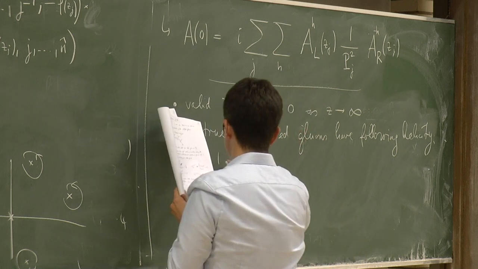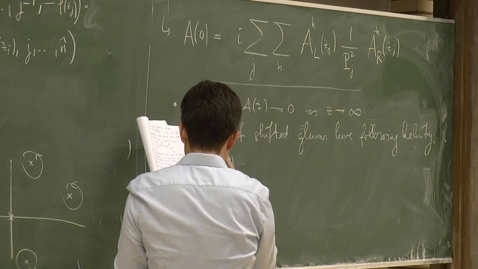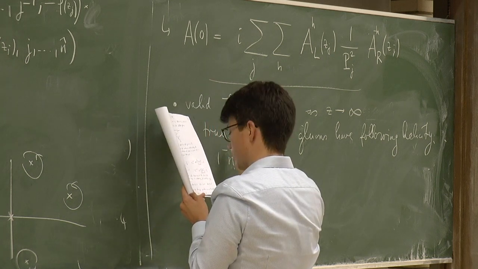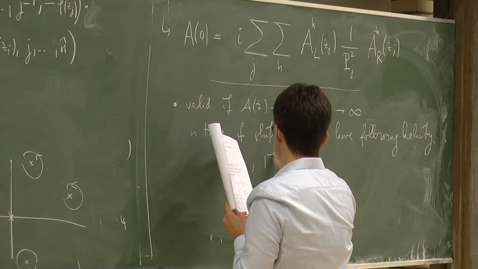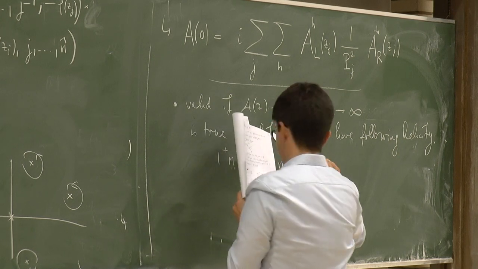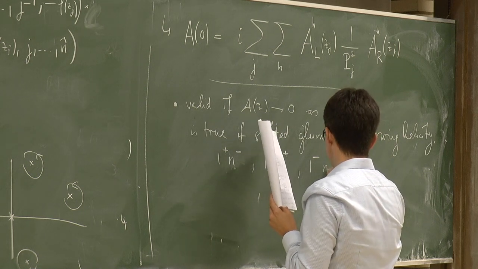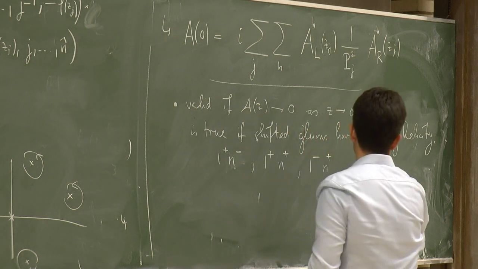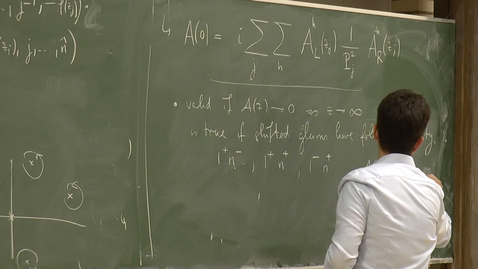So we shifted 1 and n. In actually 3 cases this works out. If the helicity is plus minus, the helicity is plus plus, or if the helicity is minus minus, then this is okay. Then one can show that A of Z behaves as 1 over Z as Z goes to infinity.